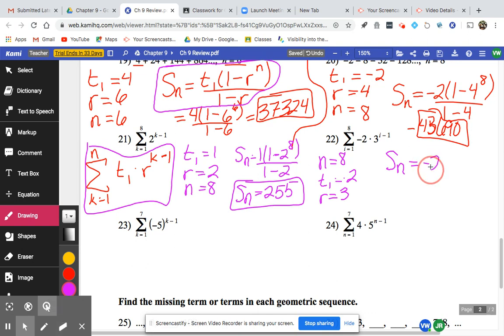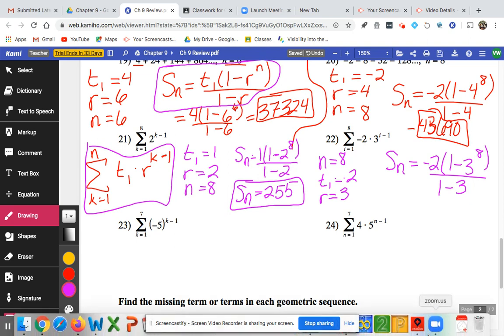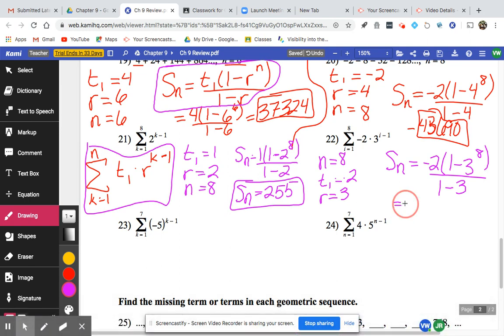So I'm going to say -2 times 1 minus 3 to the 8th over 1 minus 3. Whenever I plug that into my calculator, again, making sure I'm being careful, I get -6560.